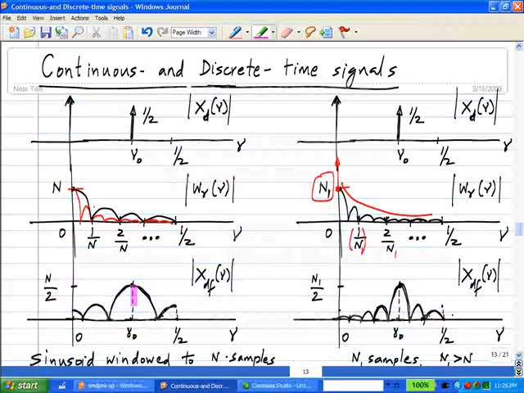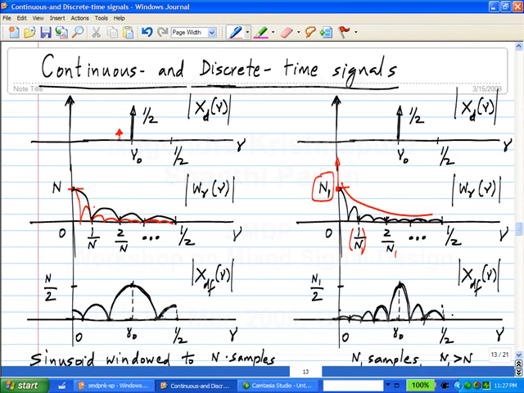Let's say I have two sinusoids. What will be the ideal Fourier transform? Two impulses. So let's say one sinusoid is here, and the other sinusoid is here, and it is smaller. After windowing, what will it look like? I have another of this one.